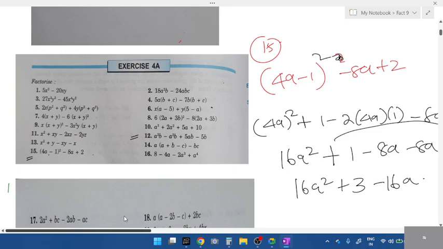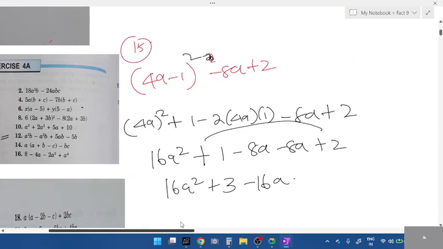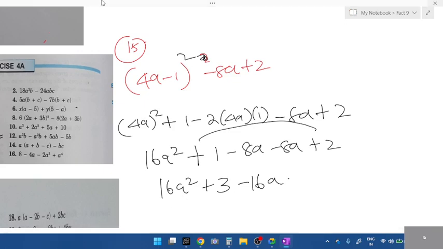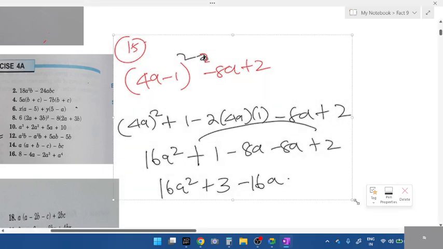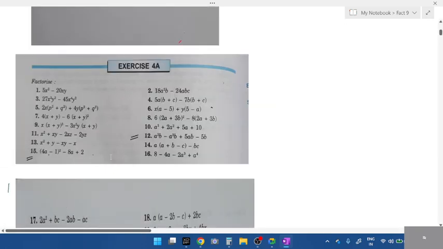Where did I do mistake? Minus 4a, minus 4 2 is 8a. Minus and minus becomes 16. 1 square is 1 plus 2. Okay, 3 is right. Nothing is common here. 16a and 16a is common. If you take 16a, a plus 3. No, not this one.